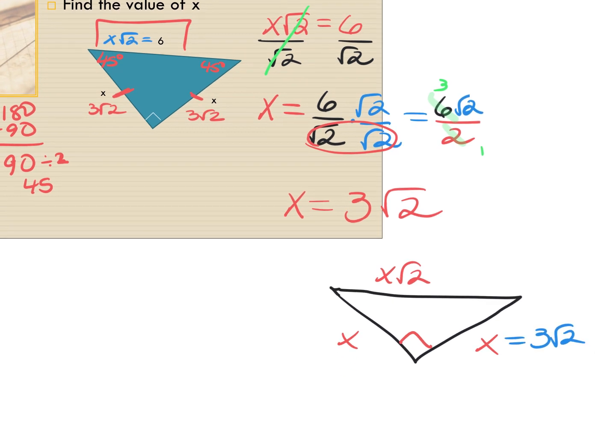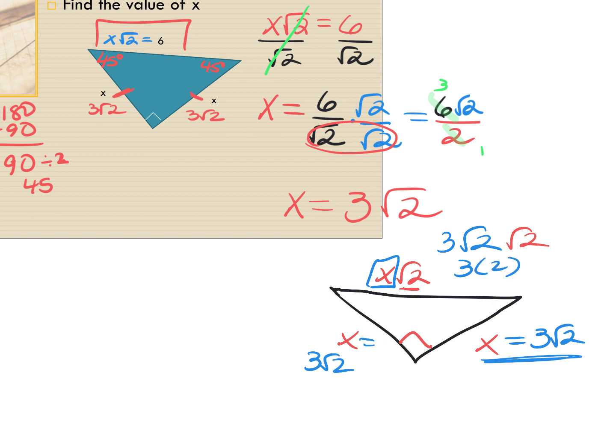So then this x would also be 3 square root 2. And now to find the hypotenuse, you're going to take what x equals, 3 square root 2, and then put this square root 2 behind it. And this is how it'll turn into 3 times 2, and that's how that hypotenuse becomes a 6.